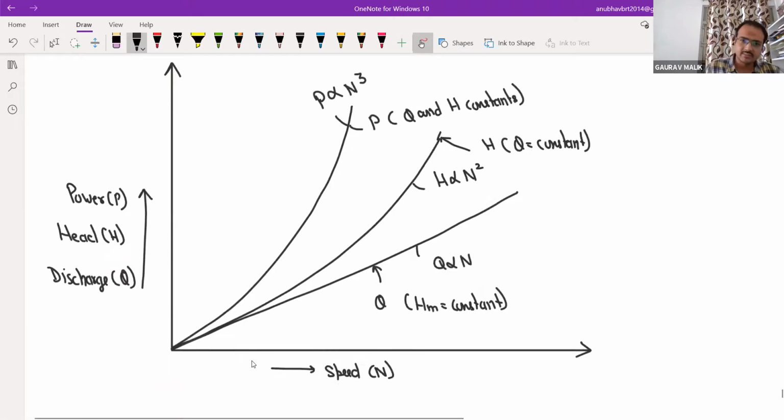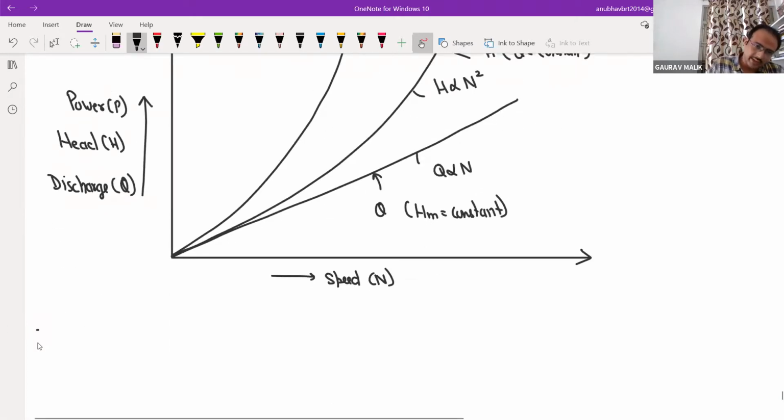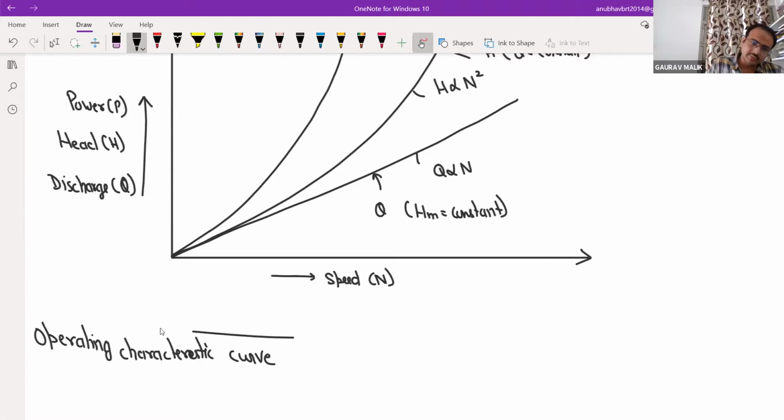And second one is operating characteristic curve. You already know operating characteristic curve. I have already explained in previous class.